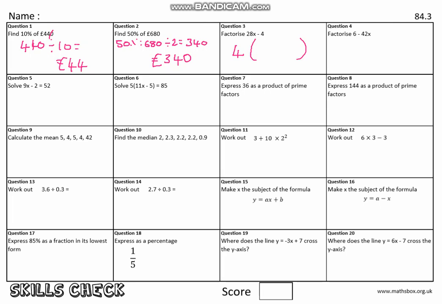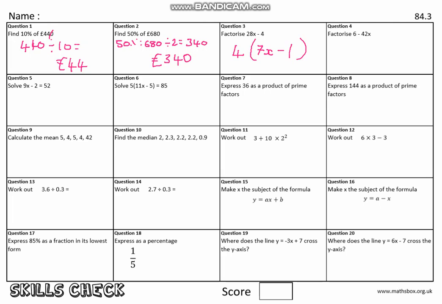So to get from 4 to 28, we have to times by 7, don't we? Because 4 times 7 is 28. So we can put our 7 there, and then obviously we need our x. So now we know that 4 times 7x is 28. But we've already got 4 here, so we've got to do 4 times what equals 4? Well, it's 1, okay? So there we've got our answer. So 4, open brackets, 7x minus 1, closed brackets.